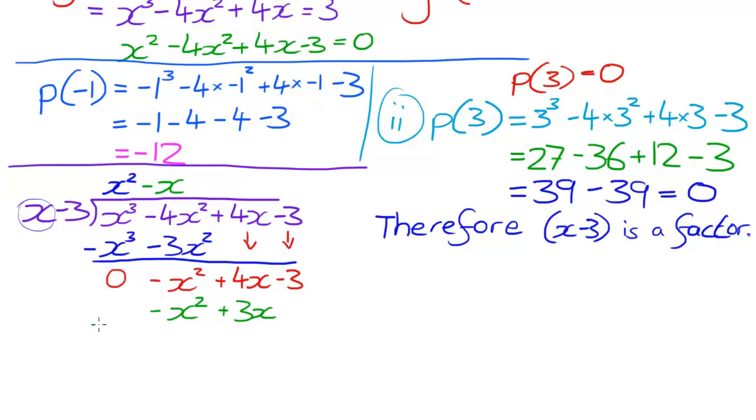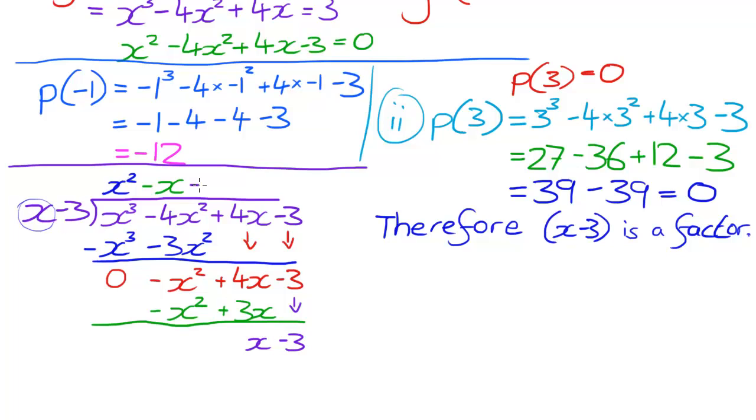And then exactly the same, draw another line, hopefully yours is straighter than mine, and then do the same again. So minus x squared, take away minus x squared is going to be 0, I'm not going to write it. So then plus 4, take away plus 4x, take away 3x is going to be x, and this minus 3 carries down here, and then look at that, they're the same.